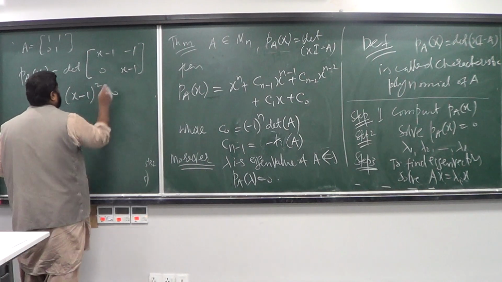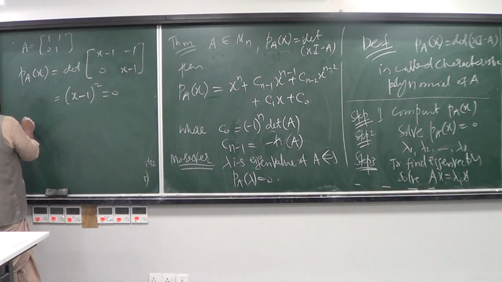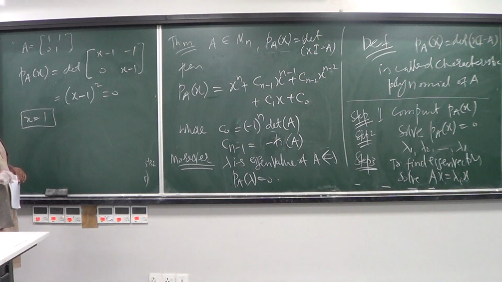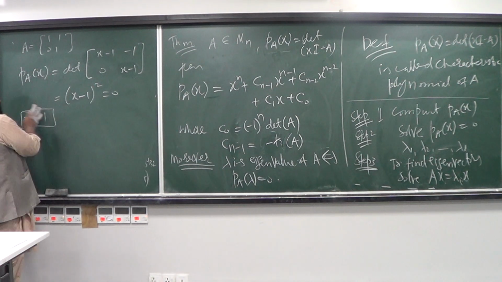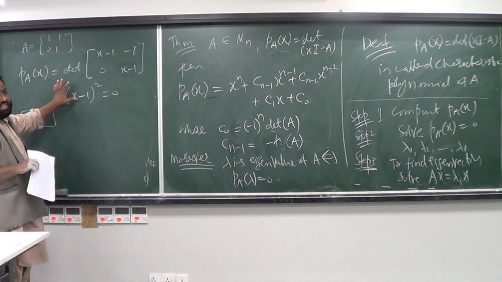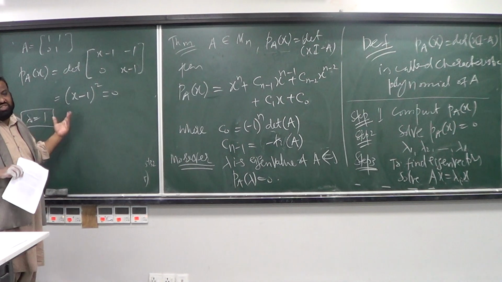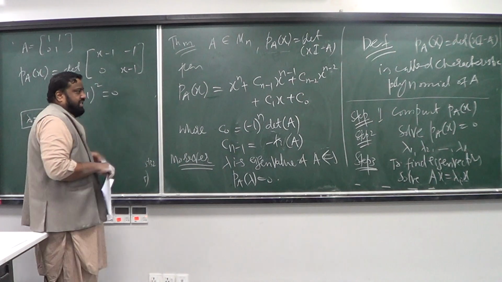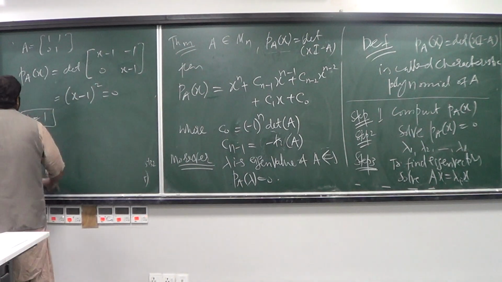If you equate it to 0, obviously you get x equal to 1. So this is the only eigenvalue, because the characteristic polynomial has only one root, x equal to 1, or lambda equal to 1. We also computed its eigenspace and eigenvectors previously, so I'm not going to repeat it.